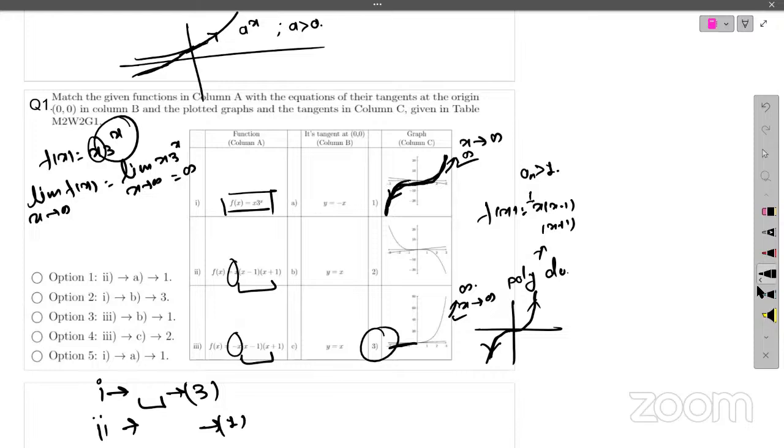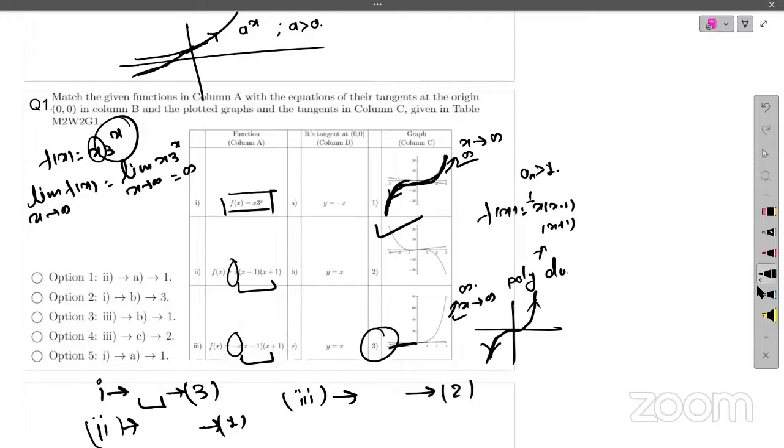And because of the minus sign, this behavior will get reflected over the x-axis. If you reflect this graph over the x-axis, you will get the same graph here. So this particular function will take graph number 2.